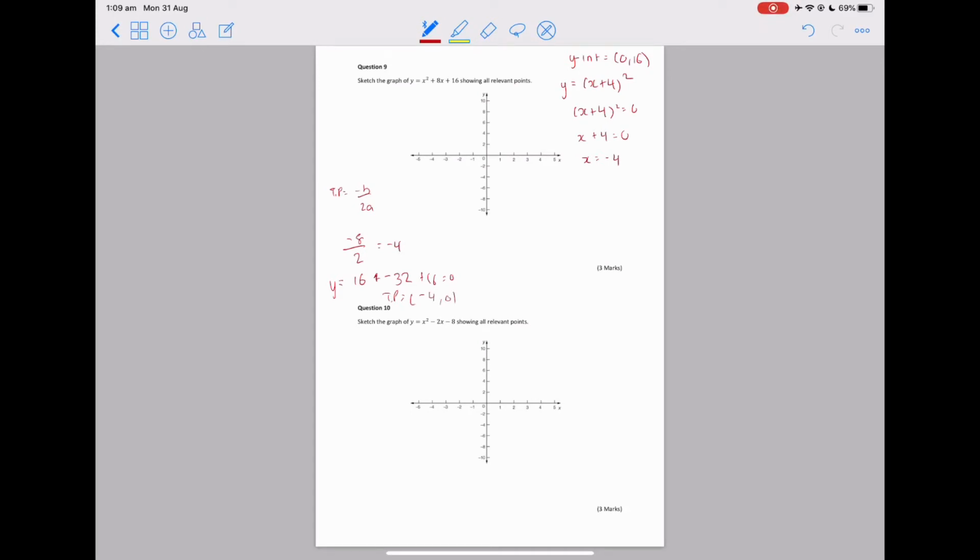And you should have already been able to identify that based on this equation here, because you should recognize straight away that the only difference from that equation to y is x squared is just a horizontal translation to the left hand side. So in this case, if you were to graph your equation, we said the y-intercept is 16. We can't really show that on this graph over here.